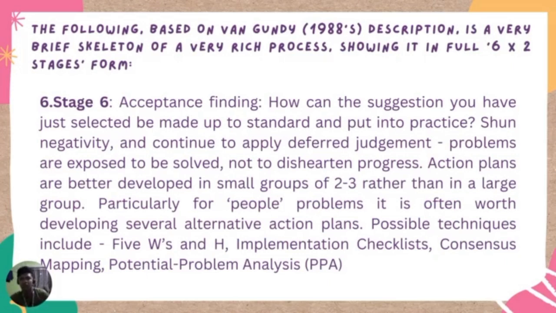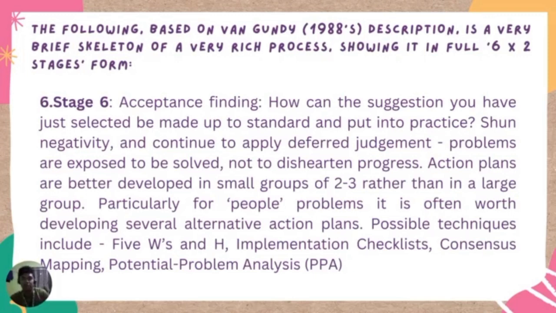If you are in a large group, we have different ideas and we don't easily agree in terms of giving the action plans, because we have different perspectives in life on how to solve our different problems in life. And that's all for stage 6 for the creative problem solving. And that's it. We have 6 stages of creative problem solving.